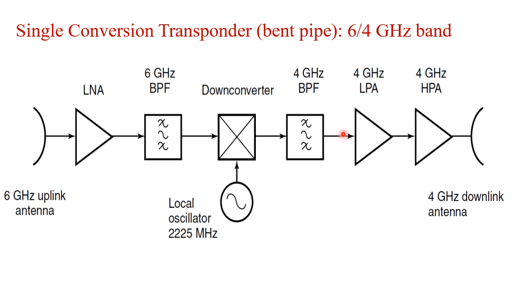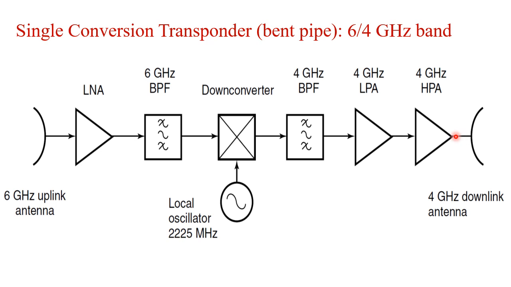Okay, so at this point we have a 4 gigahertz signal. The information is the same, but the carrier frequency is now 4 gigahertz, right? Now we have a low power amplifier to improve the amplitude of the signal, and then we have a high power amplifier to enhance the power level at 4 gigahertz.